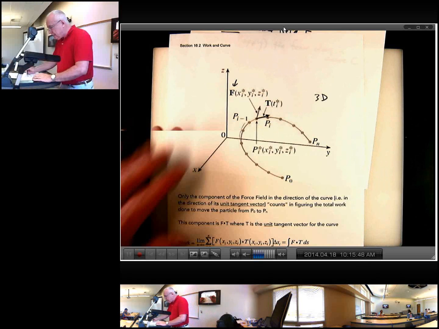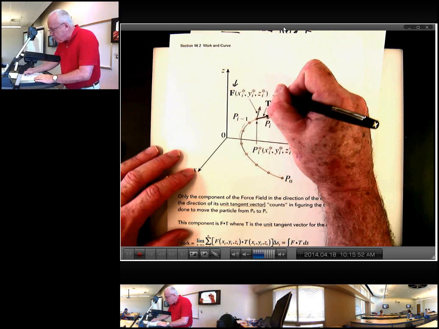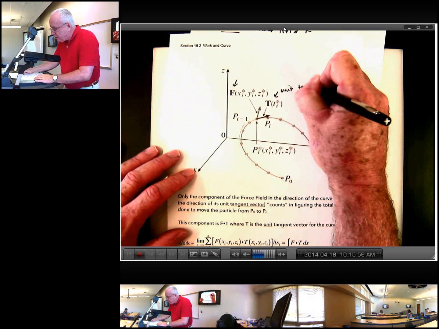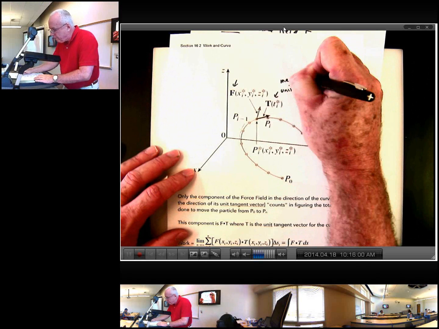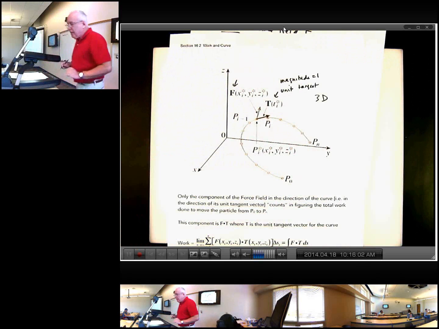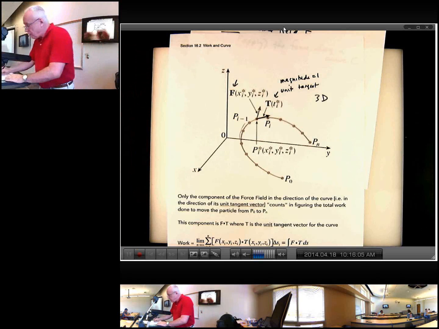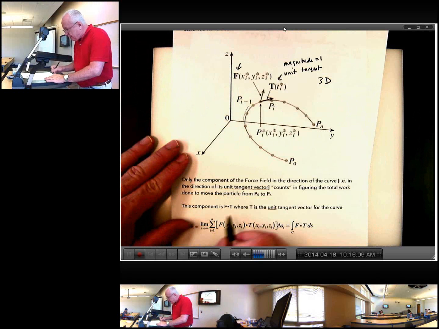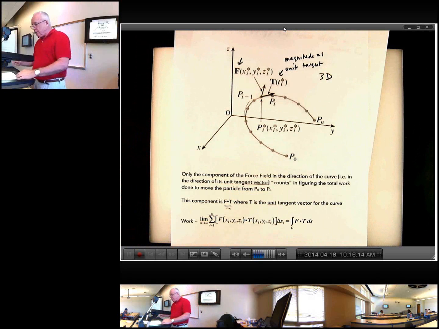So we take the tangent vector. In fact, we take the unit tangent vector, so that means it has magnitude equal to 1. And we dot product it with our force, F dot T, and that'll give us the portion of the force.